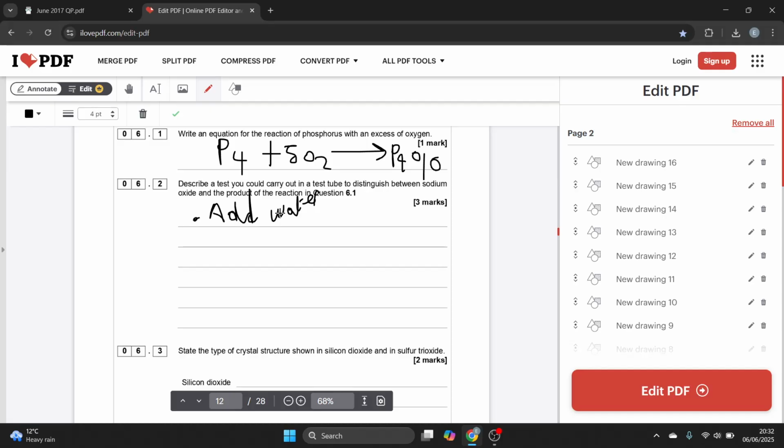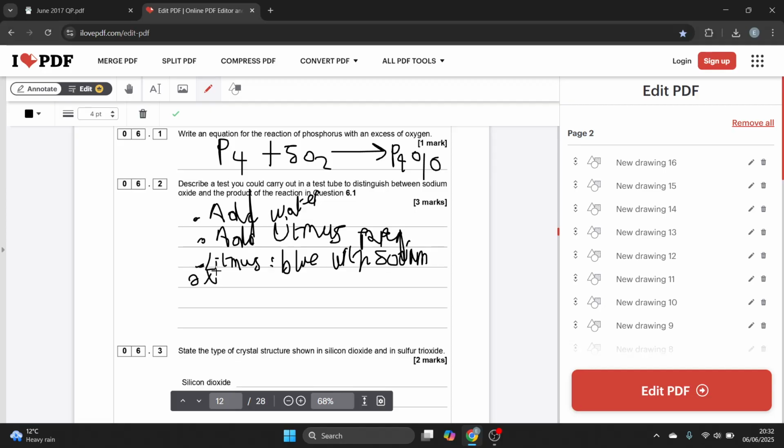Let's just add water, add litmus paper, and then the litmus paper is blue with sodium oxide, and red with phosphorus oxide.